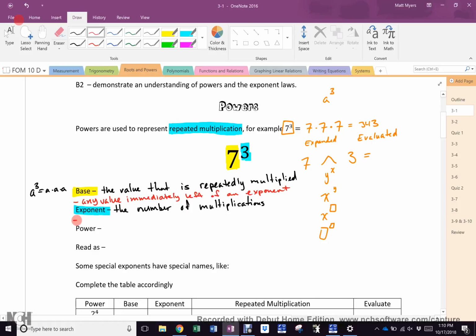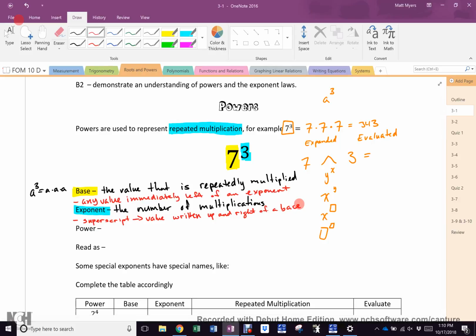And the exponent is the superscript, which is the number, the value, because again, it might not be a number, the value written up and right of a base. Is everybody cool? 2 parts to the definition.